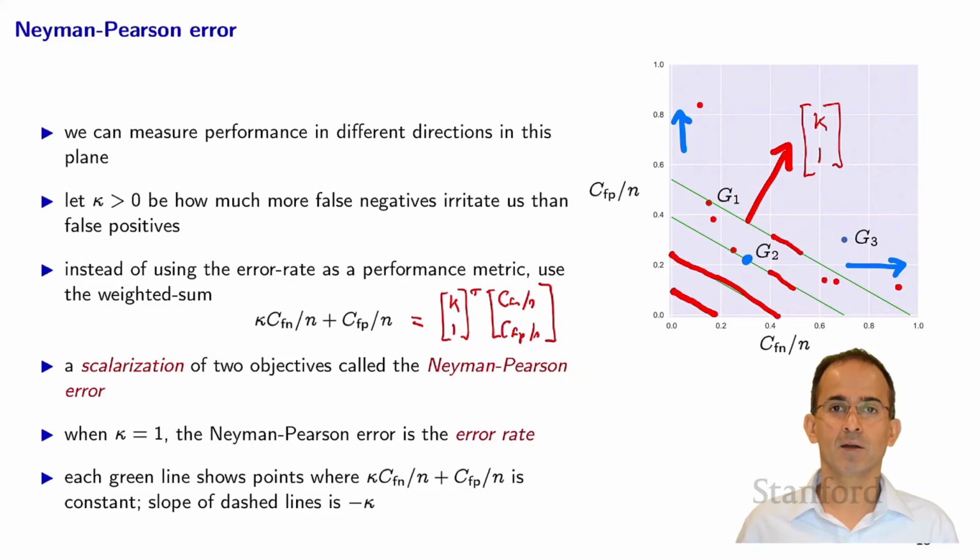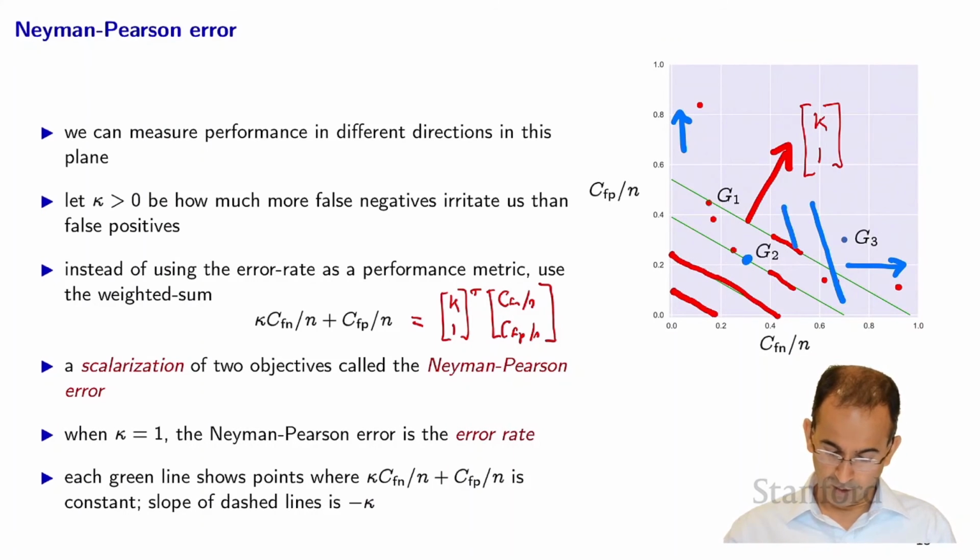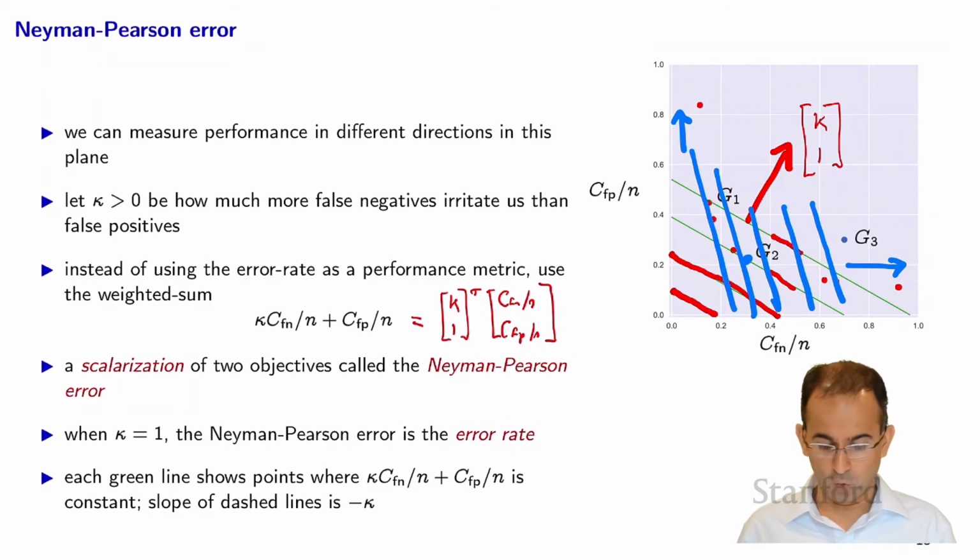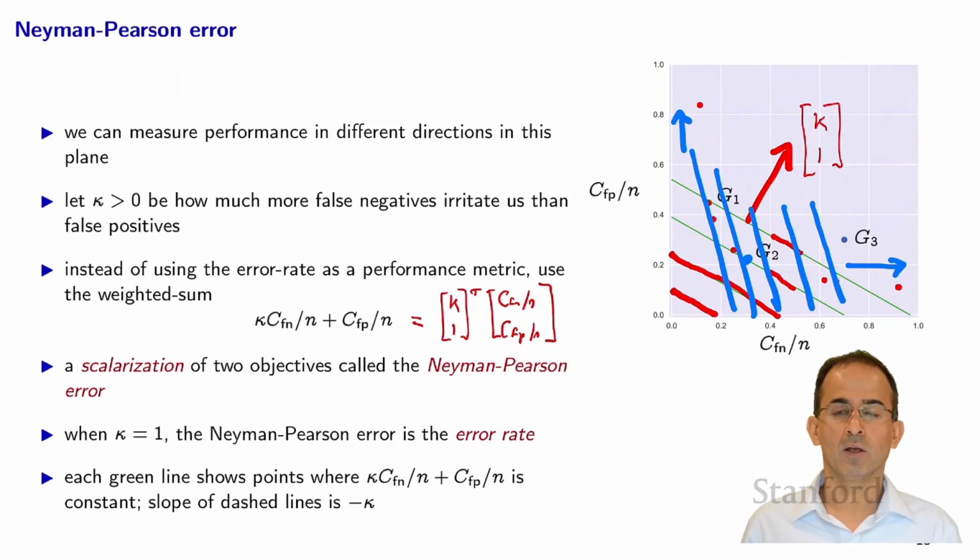If we make kappa very large, we're going to have slope lines that look like this, and we're going to be concerned about performance where the best thing one can do in order to make the performance measure small is to choose a predictor that has a low false negative rate.